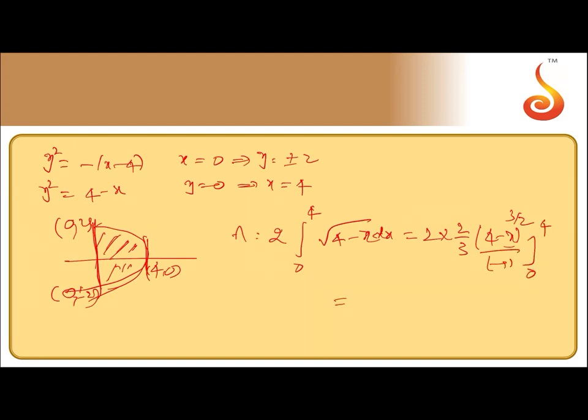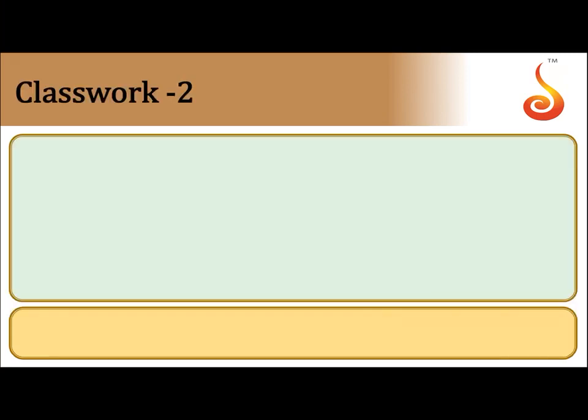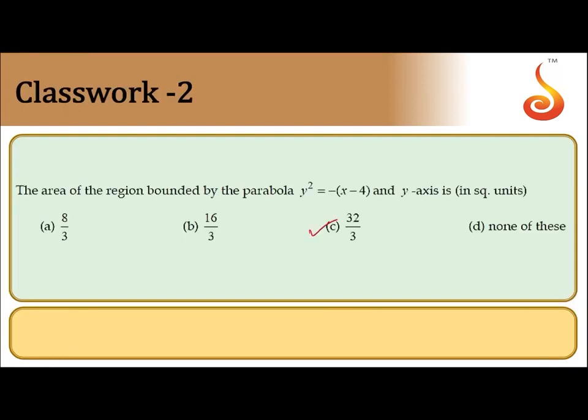Substituting, 4 by 3 multiplied by 4, you'll be getting minus 4 by 3, 0 minus, and 4 power 3 by 2 is nothing but 4 root 4, that is 8. So the answer is plus 32 divided by 3. So the answer for this problem is 32 by 3.